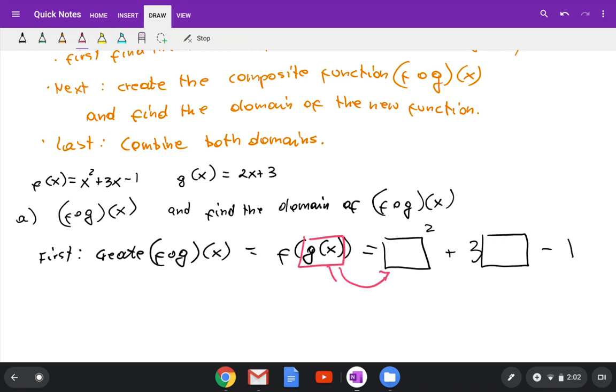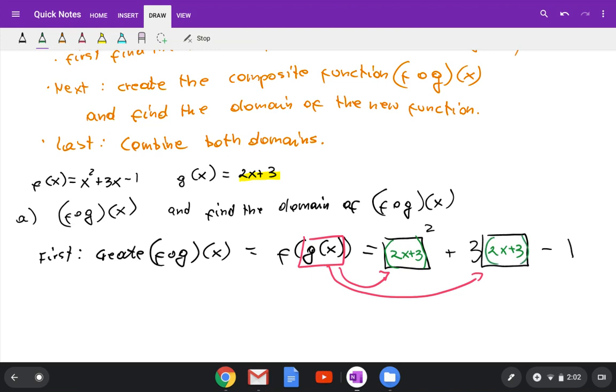Okay, so the equation of function g is 2x plus 3. So where we used to have x, we plug in g, 2x plus 3, 2x plus 3. Okay, don't forget, when you substitute, put everything in parentheses.